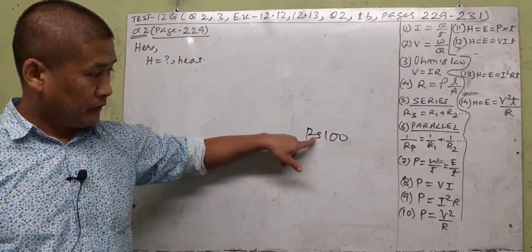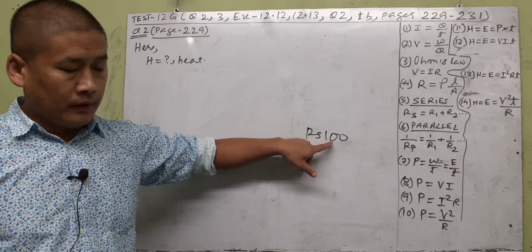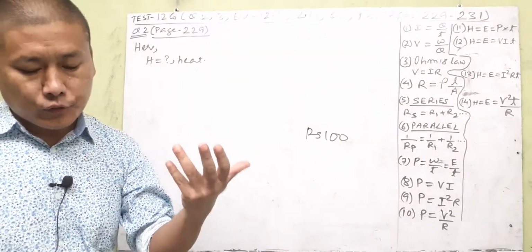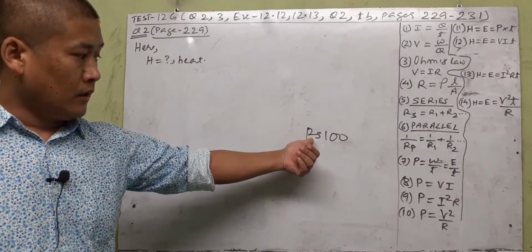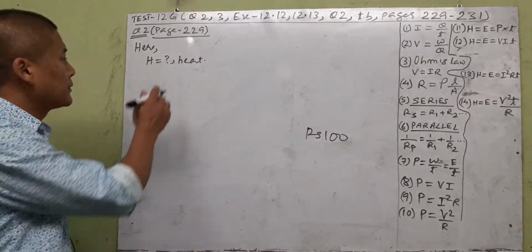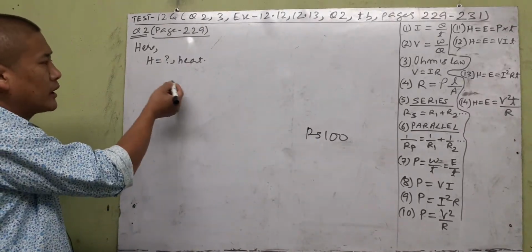Yes, because of the unit rupees, we know this is talking about money. Like that, just as the unit rupees indicates money, the unit coulomb indicates charge. SI unit of charge is coulomb.